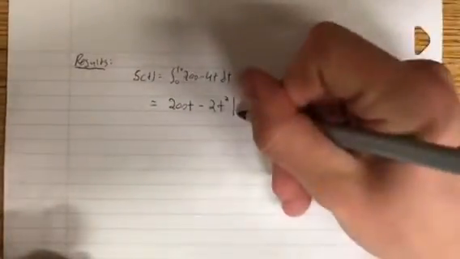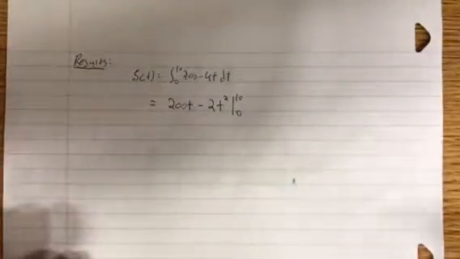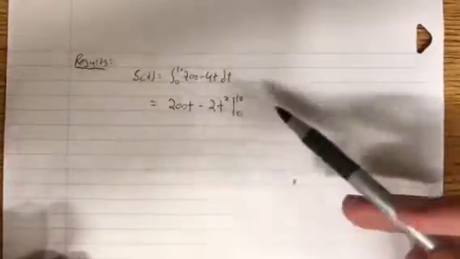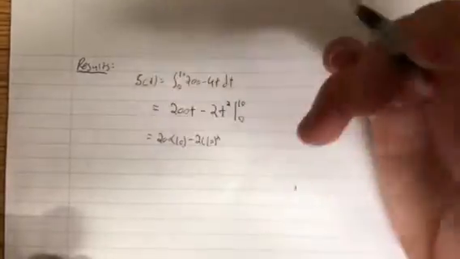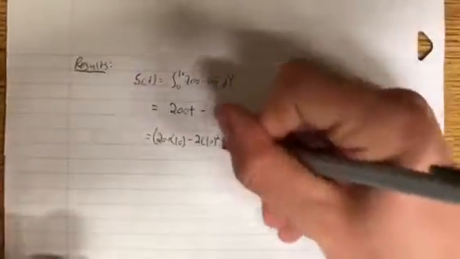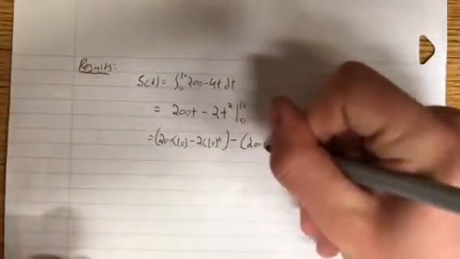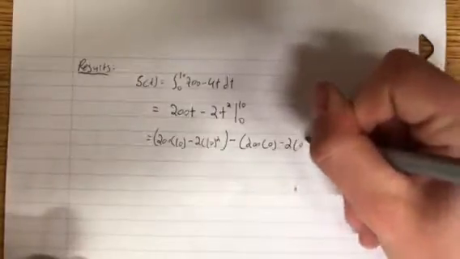Again, this is being evaluated from 0 to 10. Next, we're going to substitute these values back into the equation and subtract them from each other, and we should get an answer. So we'll do 200 times 10 minus 2 times 10 squared. Take that whole big thing and subtract 200 times 0 minus 2 times 0 squared.